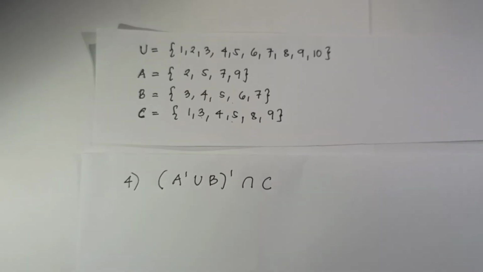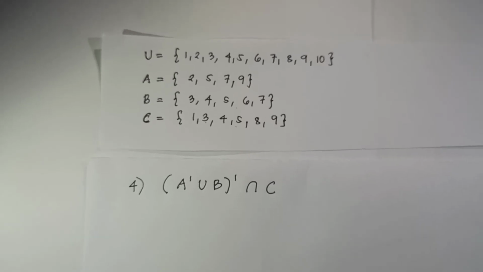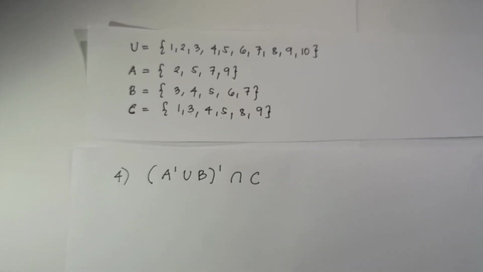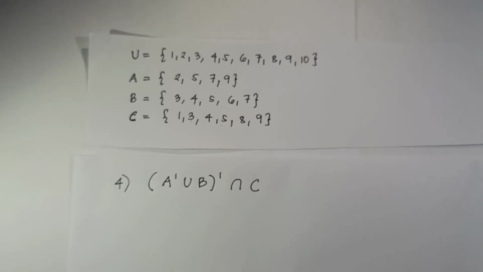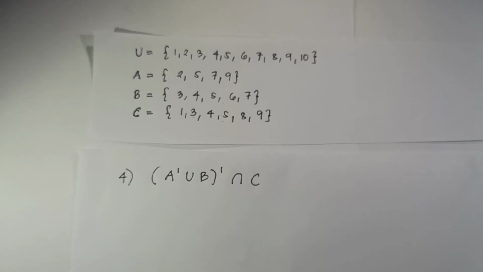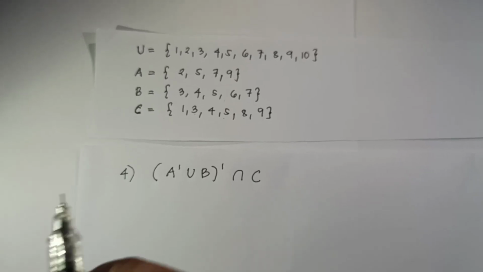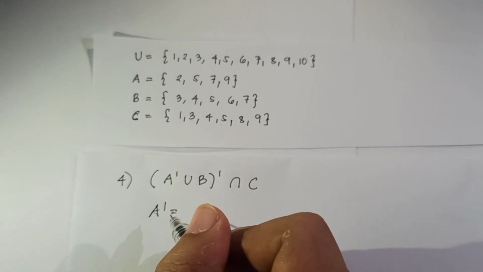Okay, so we are now in number 4. So the quantity of A prime union of B quantity prime, may prime sa labas na parenthesis, and intersection of C. So first, we're going to solve A prime. So what is A prime?